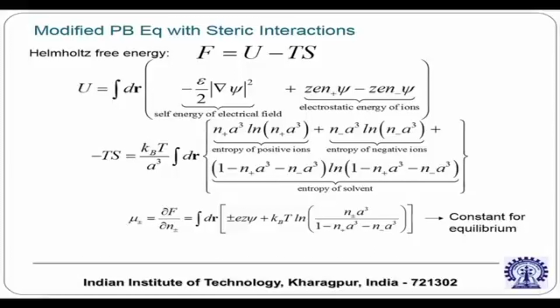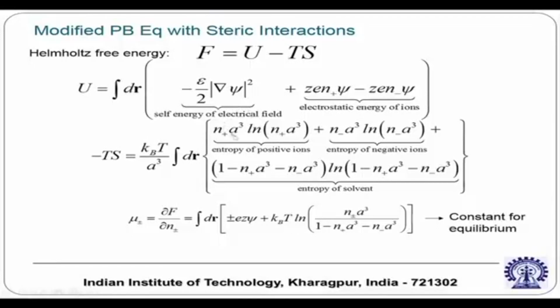For a simple analytical derivation, what people have done, as shown in the slide, is to take the size of the positive ions and the negative ions as the same, but in reality there is a big difference in paradigm. The anions and cations in a system may be grossly varying in size. Even in a simple system like NaCl, Na plus and Cl minus, their sizes are grossly different, they are not of the same size. So this is just for analytical description without sacrificing the essential physics. So this is the entropy of the positive ions. This is C.